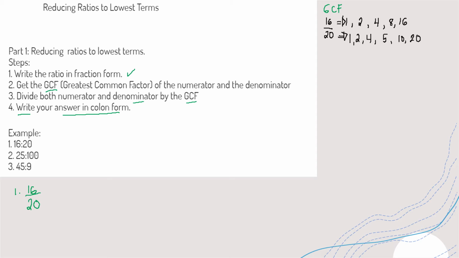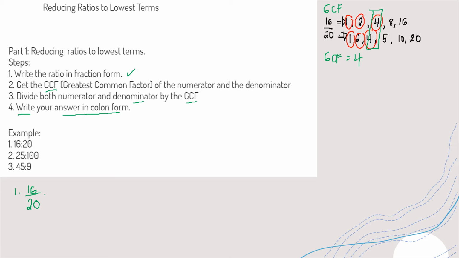Now, we need to look for the greatest common factor. What are the common factors? The common factors are 1, 2, and 4. Among 1, 2, and 4, which is the greatest? The greatest is 4. Therefore, the GCF is 4. We go to step 3, which is dividing both the numerator and the denominator by the GCF.